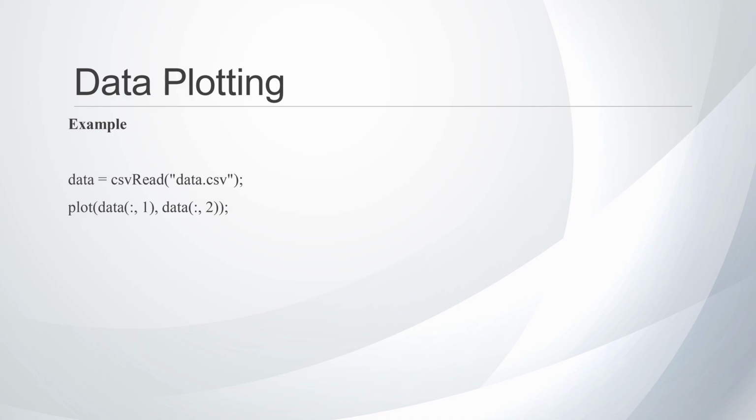The plot(data(:,1), data(:,2)) command takes the first column as the x-axis and the second column as the y-axis, and it generates the plot. This approach is simple and allows you to visualize data quickly and effectively.